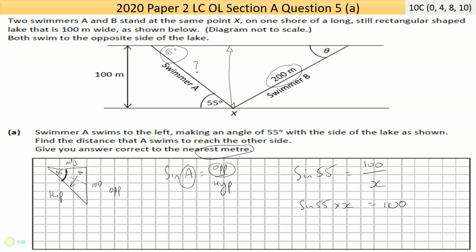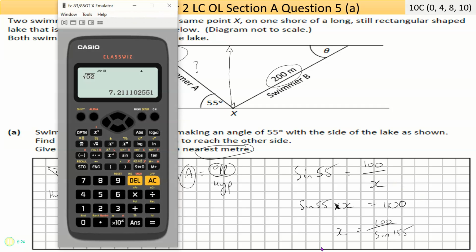So instead of having x on the bottom, I now have it on level. Now, if I bring the sine 55 back across, it was multiplied on the left, so it'll become divided on the right. So bread and butter stuff, but again, easy to make mistakes and get the wrong end of the stick. And I often find with algebra, being consistent is the trick.